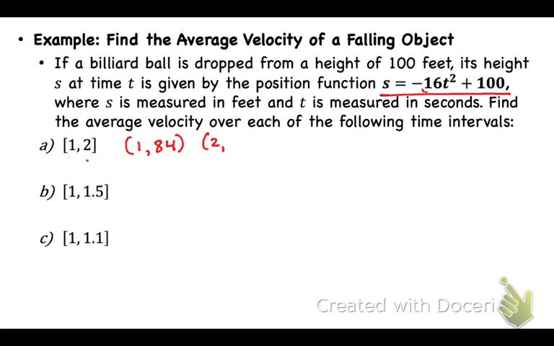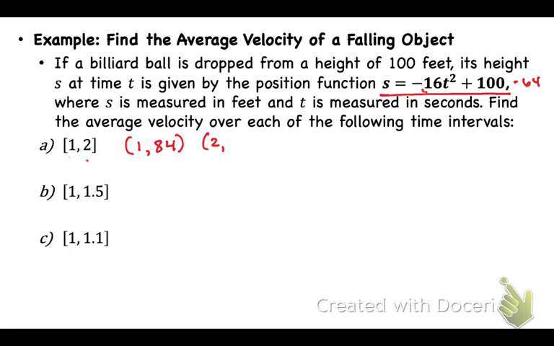2 squared is 4, 4 times 16, 64. So 100 minus 64. I was thinking of it this way, probably confused you. 2 squared is 4. 4 times 16 is 64.